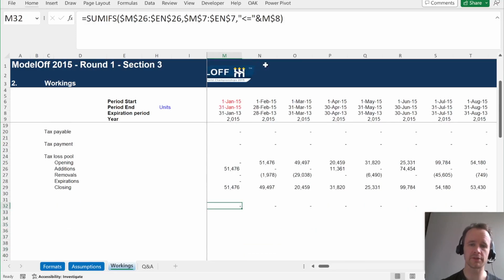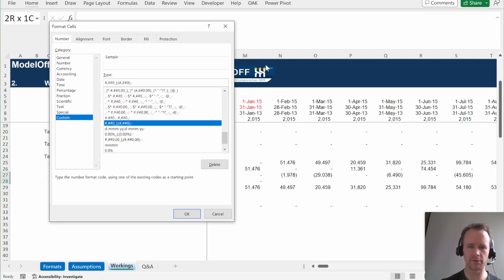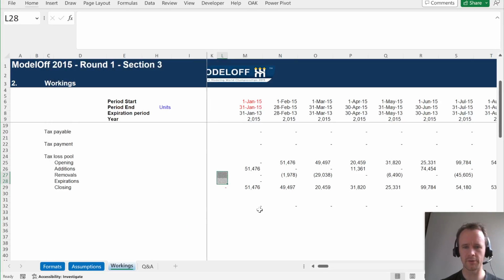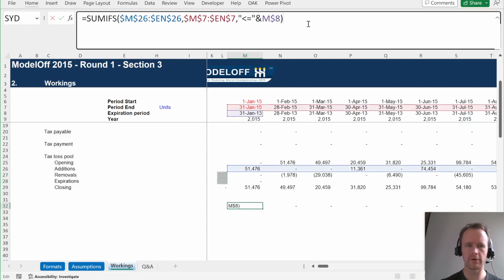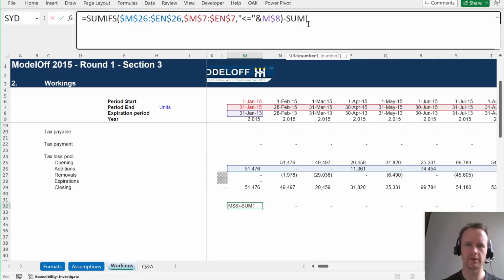And then from that, we want to subtract everything that has been used up, and that can be used up through a removal or an expiration. So again, I'm going to need to refer to older cells here, so I'm just going to do my usual thing of formatting empty cells that are going to be referred to. So it's that SUMIF minus, I guess I could SUMIF it as well, but here's what I'm going to do.